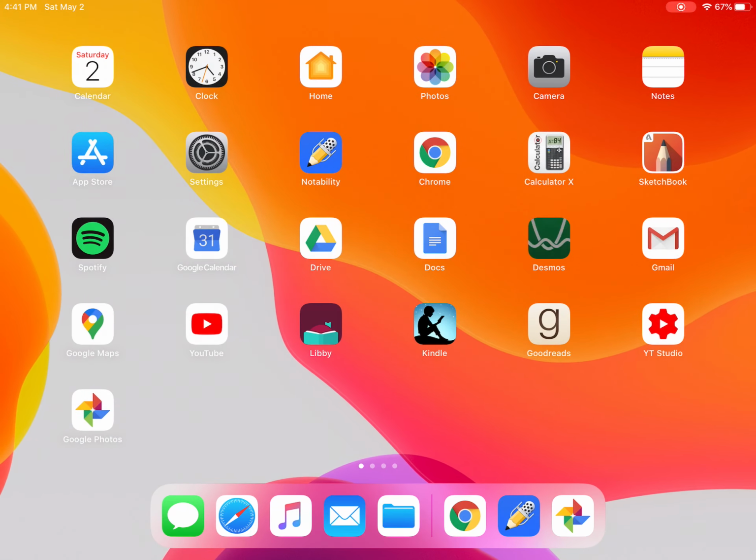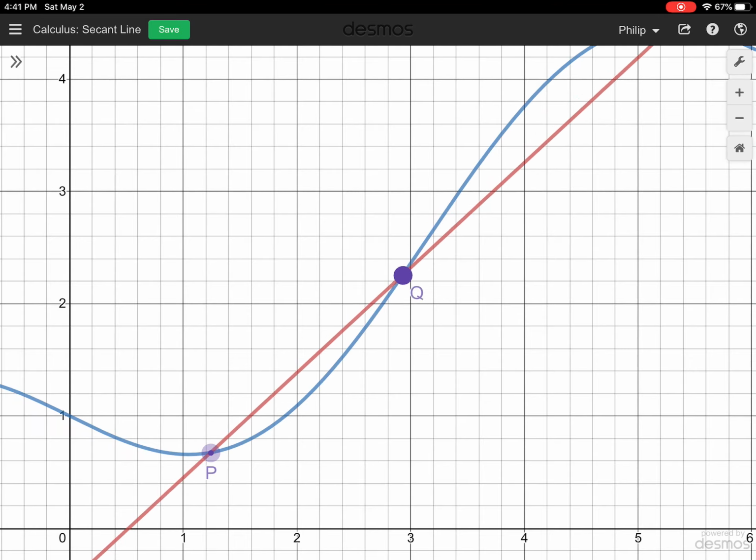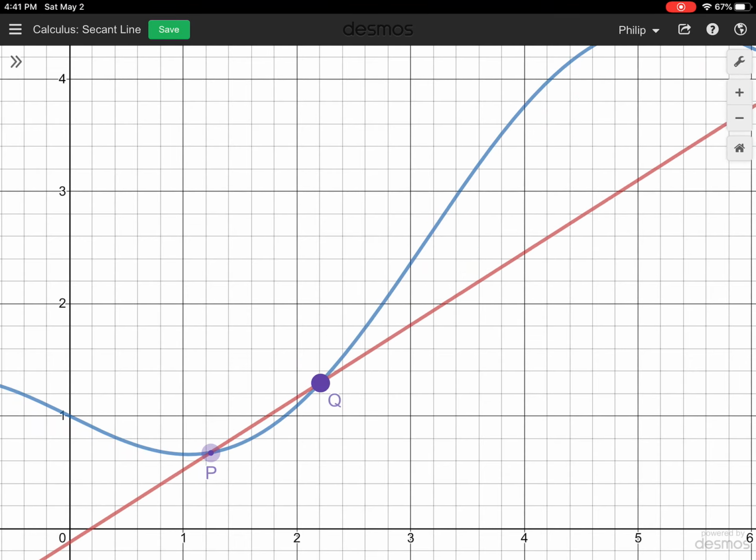And just to highlight that, let's go ahead and demonstrate it this way. So what happens as q gets closer and closer to p? In other words, as h, which is the horizontal distance between p and q, gets closer and closer to 0, q is getting closer and closer to p.